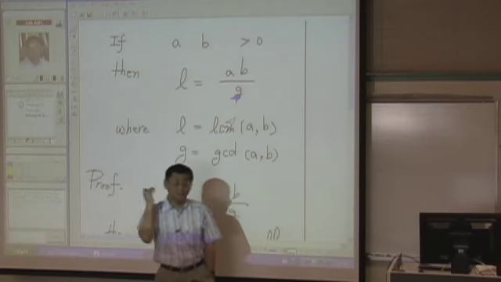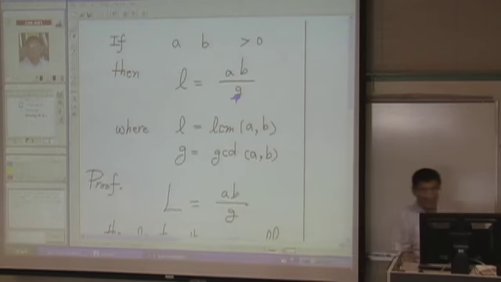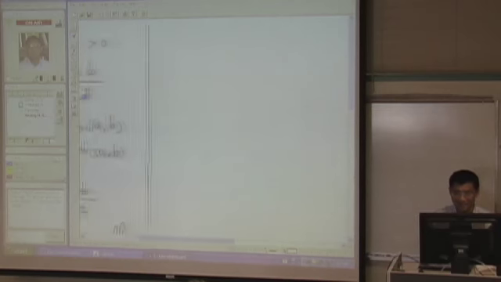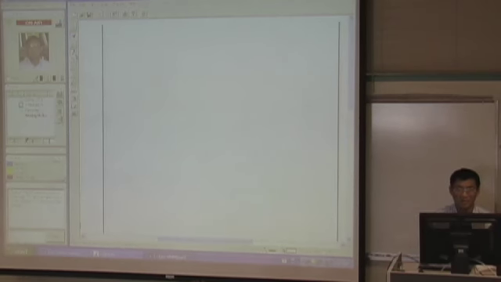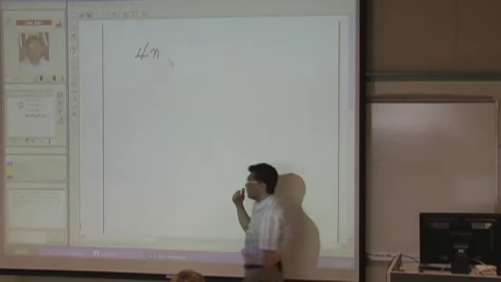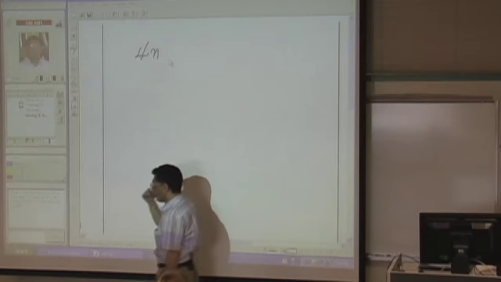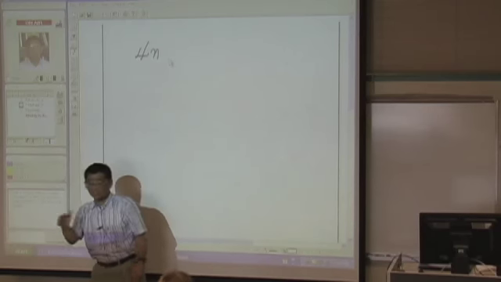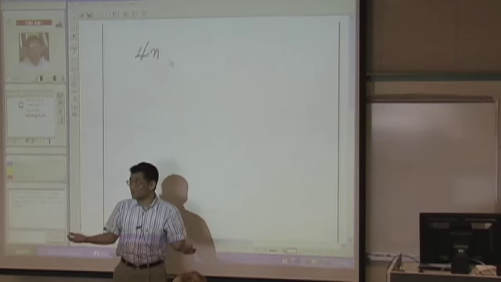Any questions? Then next thing is, as I mentioned before, considering arithmetic progression with 4n plus even number, for instance 4n plus 0 or 4n plus 2, 4, 8, 6, these kind of things are all composite, right?